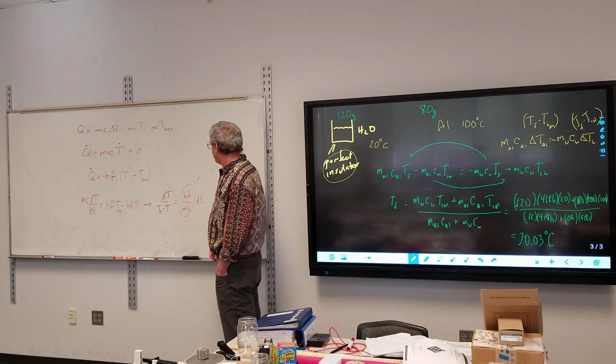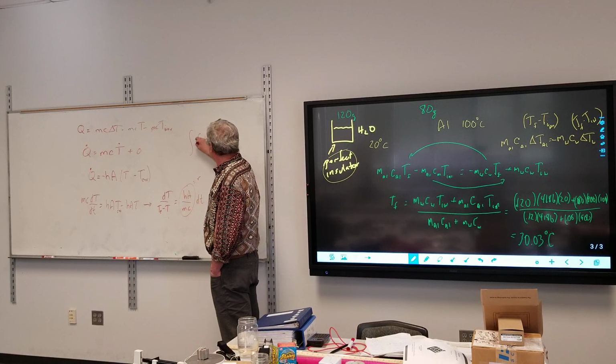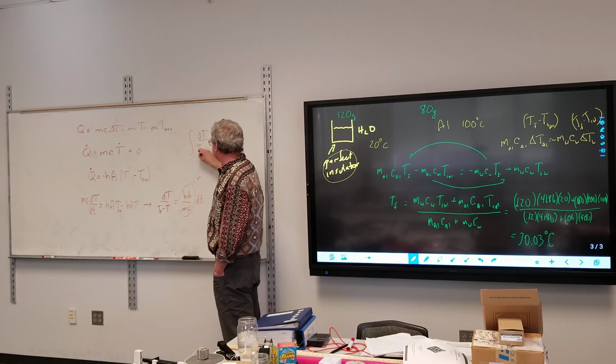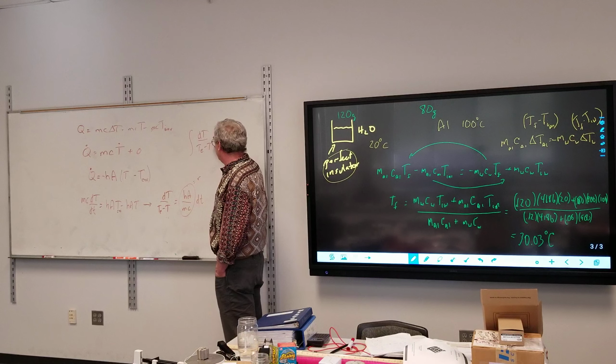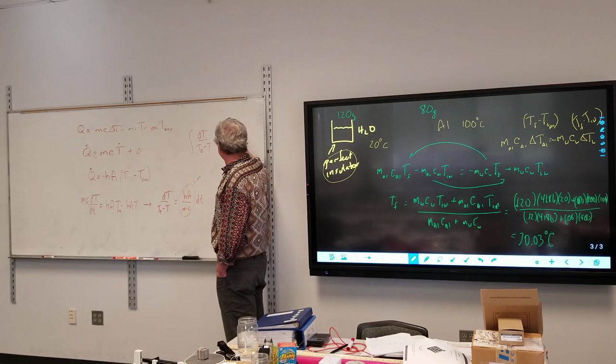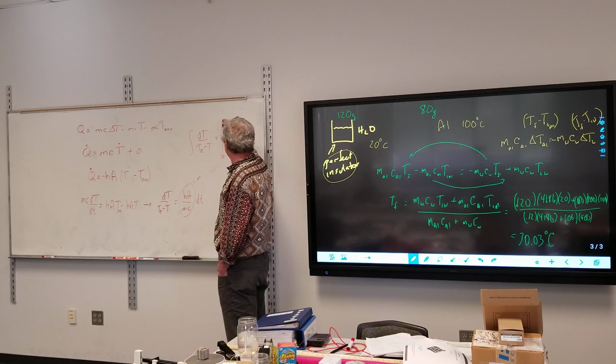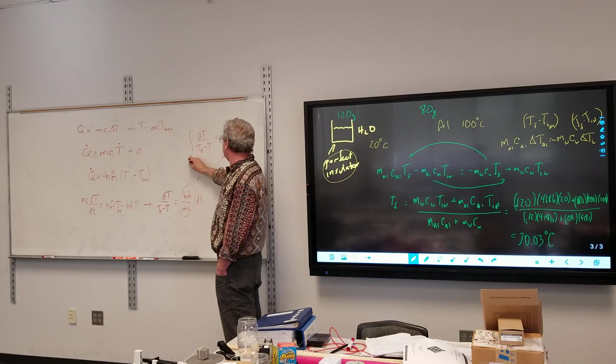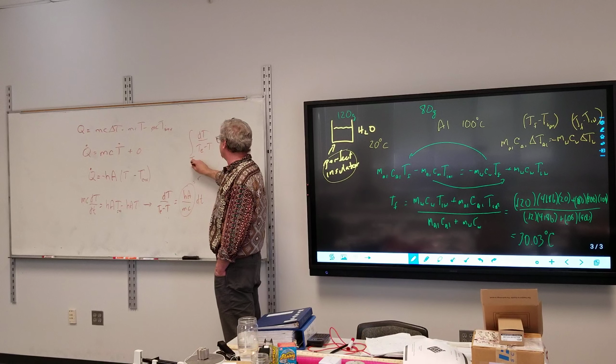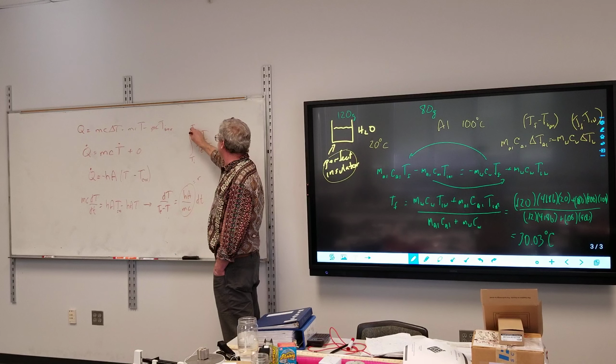All right, so I have the integral dT over T_e minus T is equal to R dt, from time 0 to t, and this is from whatever the initial temperature is to whatever the final temperature is, which actually should be that of the environment.